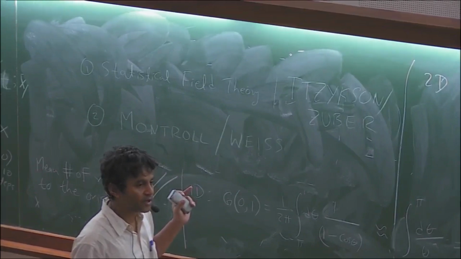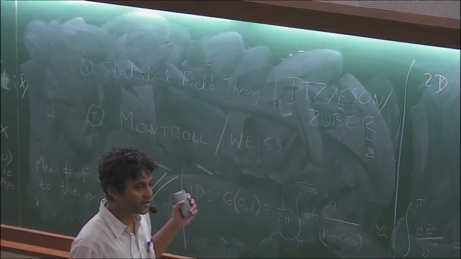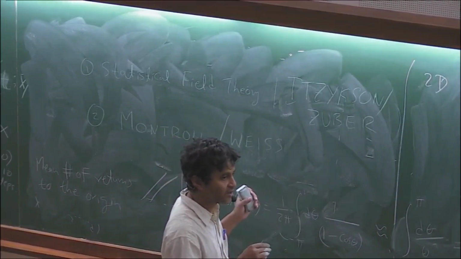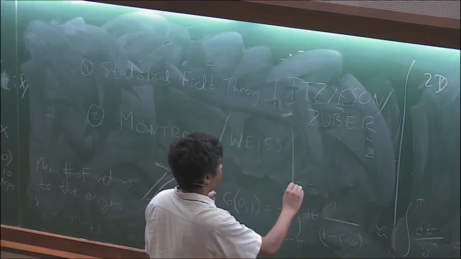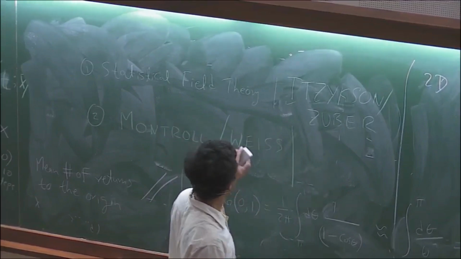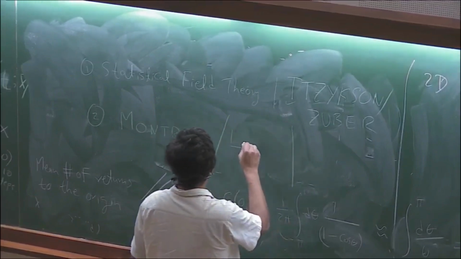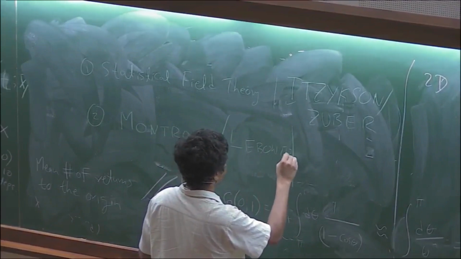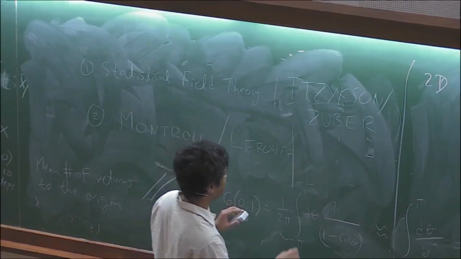Or it's this Domb and Lebowitz. Montroll and? Okay, I'll give the exact reference later, maybe.